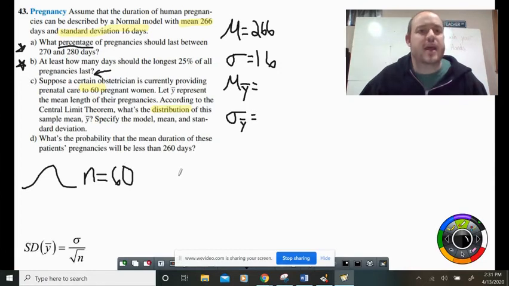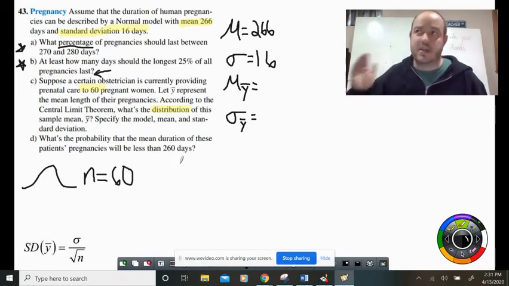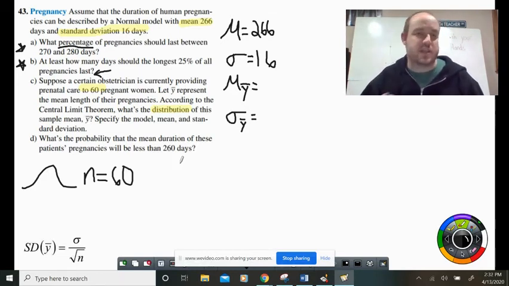All right. Now, what does that mean for us? It means that for these questions, if we are working through these, we will be using our new mean and our new standard deviation. And that's actually what this is asking for specifically. It says specify the model. Now, normally we would be like, okay, do we meet all of our conditions as we go? Is our sample size big enough?